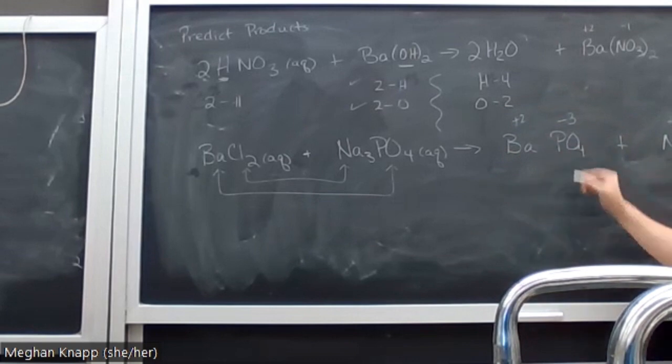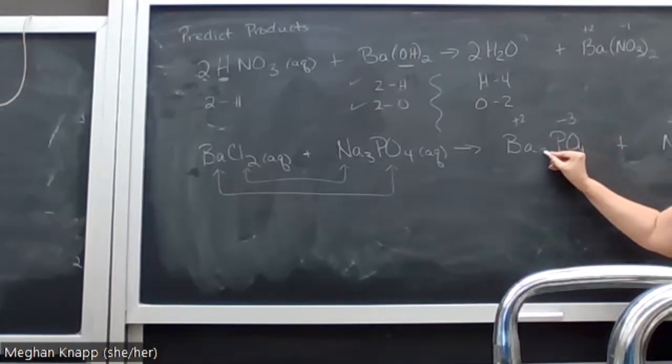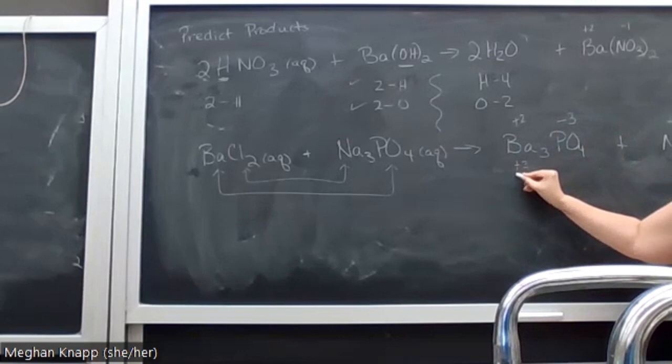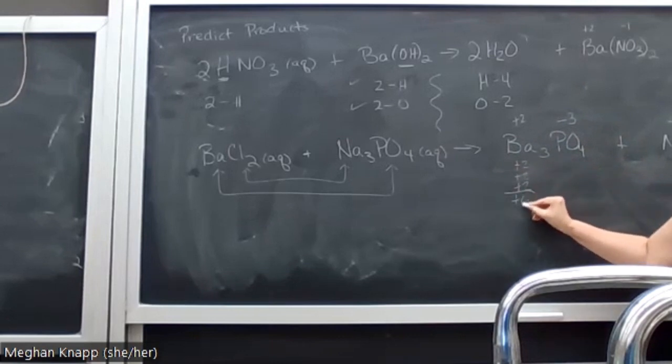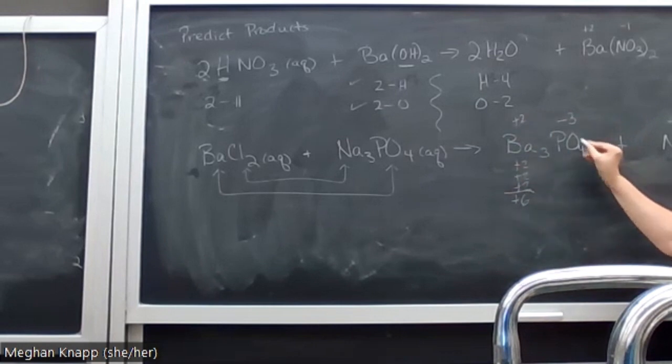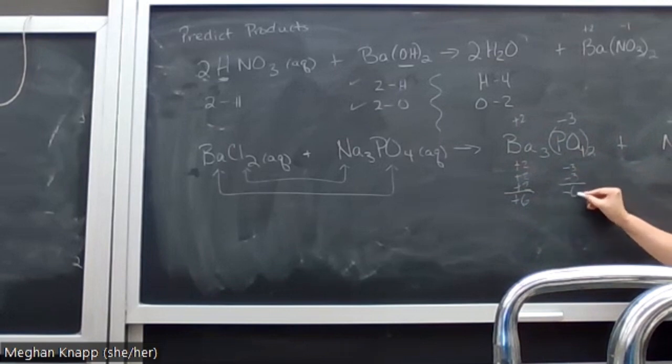The reason we're going to do that is if I have 3 bariums, then I'm going to have a +2, a +2, and a +2. That will give me +6. And if I have 2 phosphates, then I'm going to have a -3 and a -3. And that's going to give me -6. Okay, so those are my compounds.